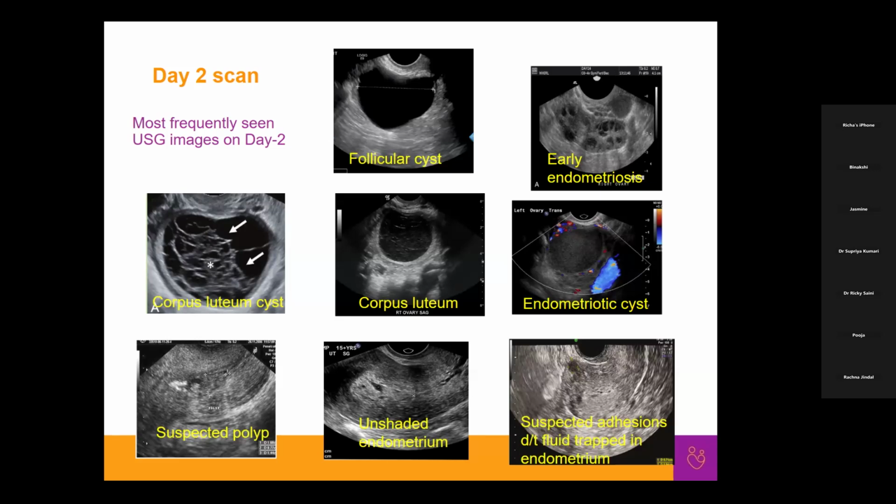If the endometrium is not shed, we can wait for a couple of days, and while the endometrium is there, in most cases there is no spontaneous recruitment of the follicle. So we can still wait for a couple of days, then start stimulation. And in cases of suspected adhesions, that picture will be clear once the endometrium is shed. So we will have to wait and look at the endometrium later on.